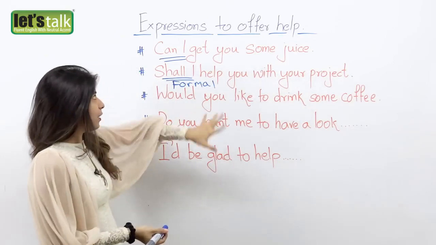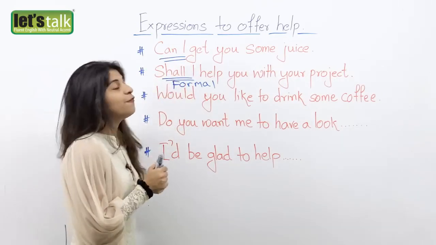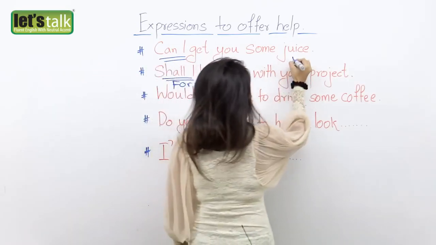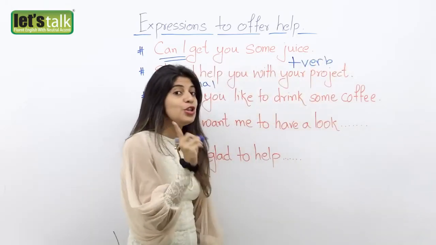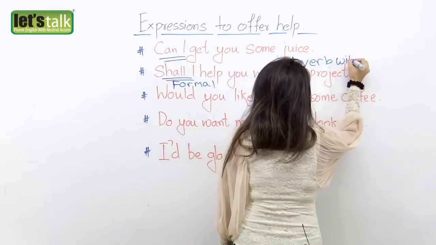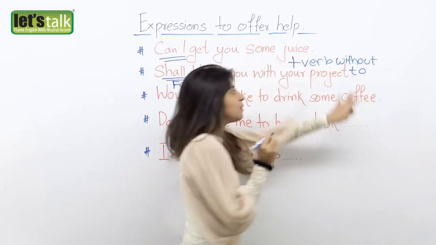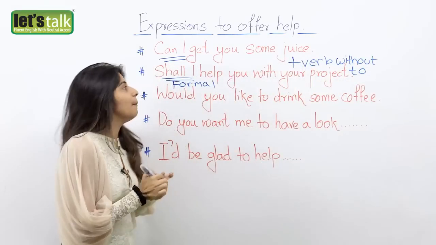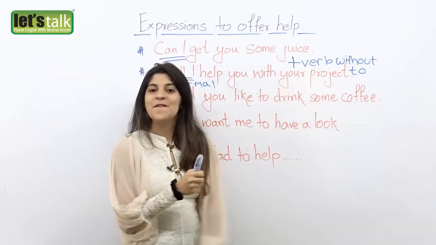Now always remember, the expressions can I and shall I are followed by a verb. However, you do not use the word to. Okay, so it's without using the word to, but can I and shall I are always followed by a verb.